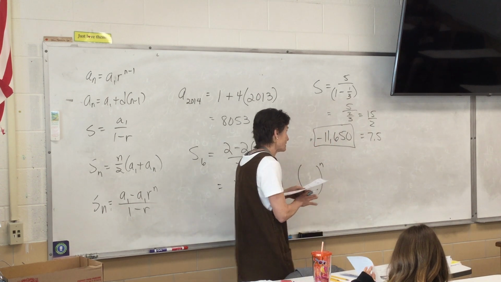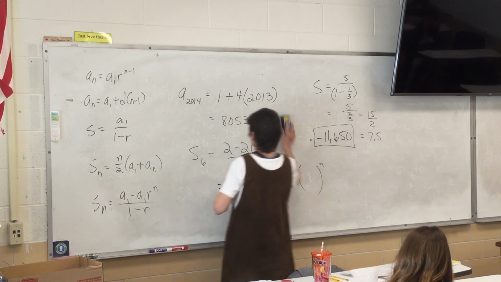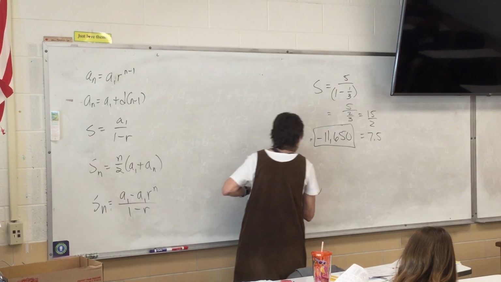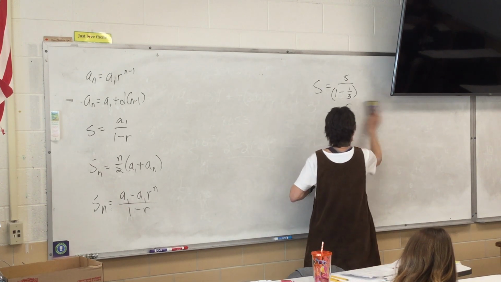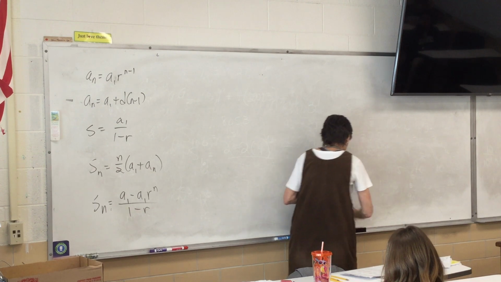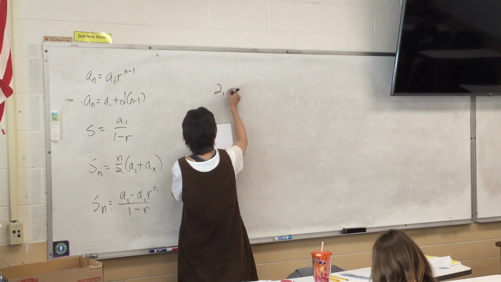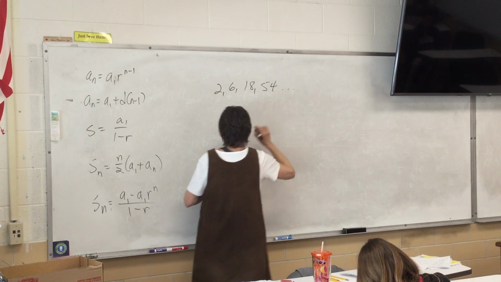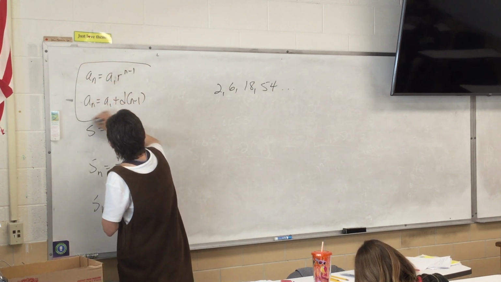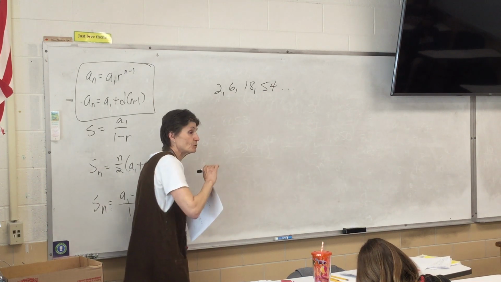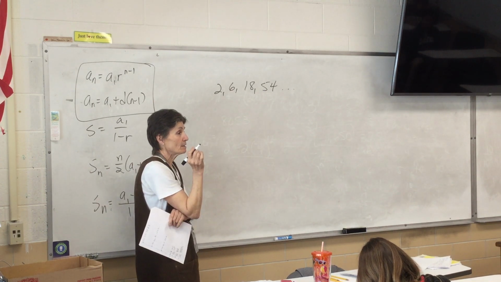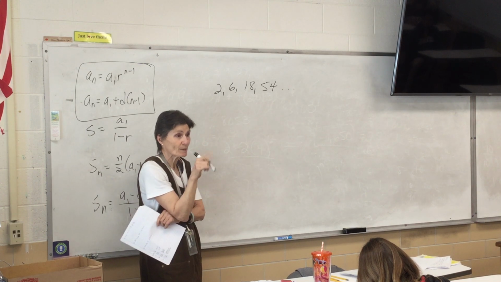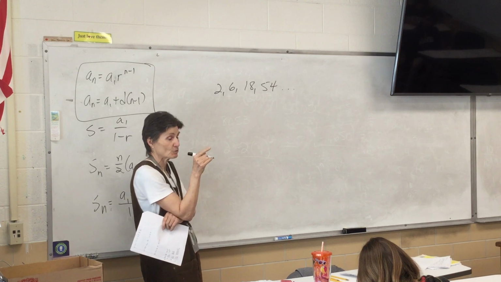Find the explicit rule. Now, the explicit rule just means write the formula. And we talked about this last time, but you may have forgotten, that all you have to do, it's going to be one of these, and all you have to do is put in your first term and your difference or your ratio, depending on if it's arithmetic or geometric.